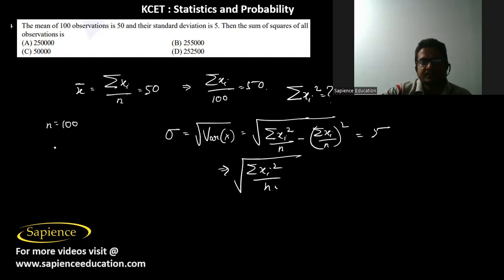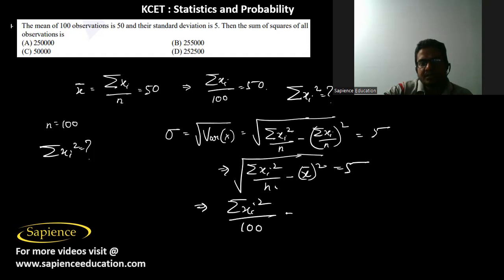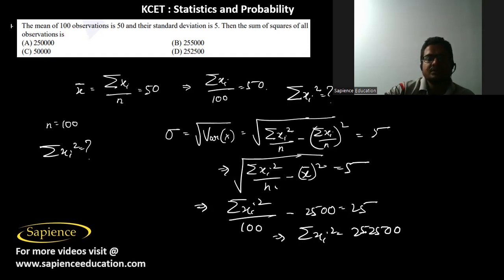So summation xi square by n minus x bar whole square is equal to 5. Therefore summation xi square by 100 minus 50 square, that is 2500, is equal to 25. So summation xi square will be equal to 2500 plus 25, that is 2525 into 100, which is 2,52,500. So option D is the correct answer.